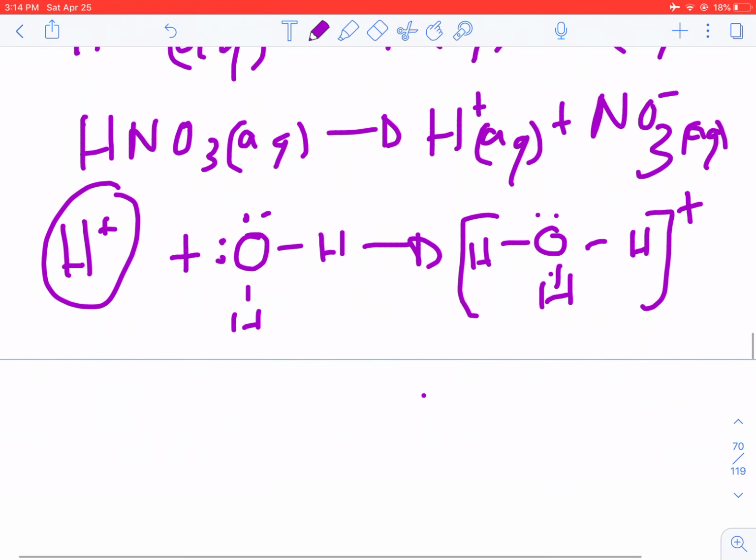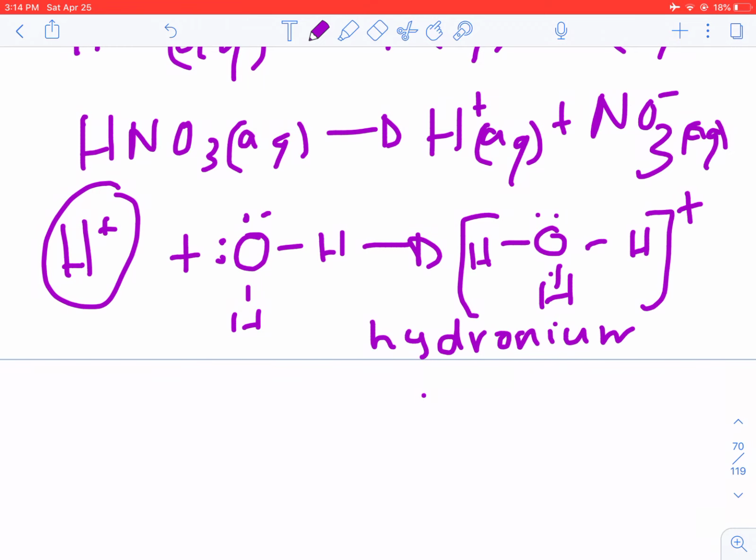This particular ion is known as a hydronium ion. You're going to use that quite a bit when you're dealing with acids and bases in grade 11, right? So in solution, the H plus really exists as H3O plus. Okay?